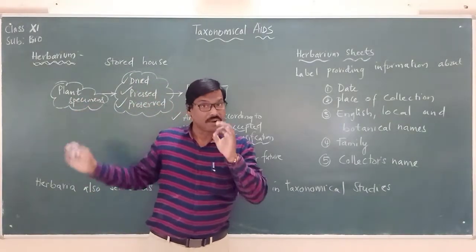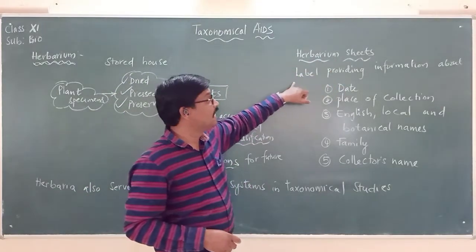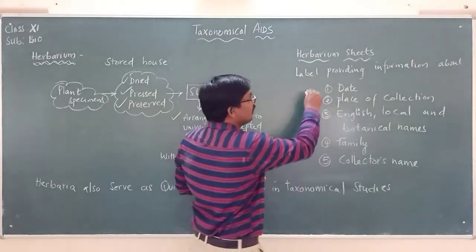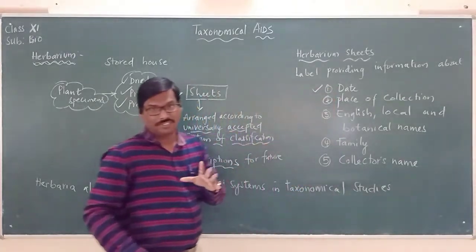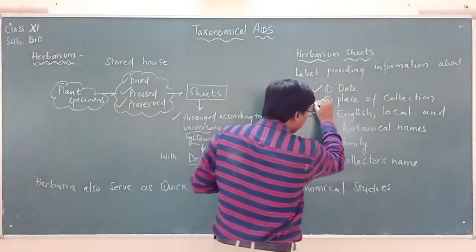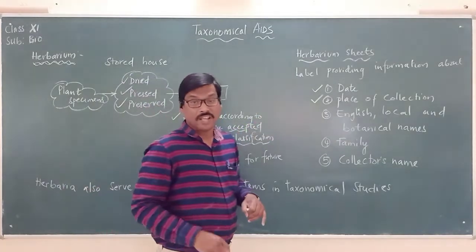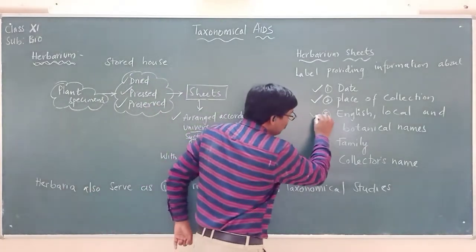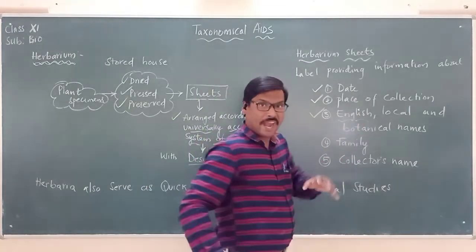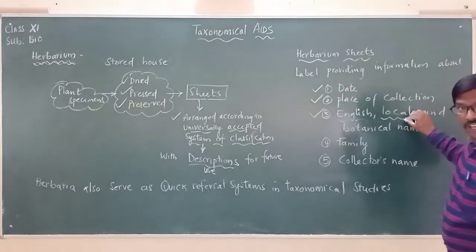Every herbarium sheet will have a label providing the information about the date of its collection, the place of collection, and the name of that particular plant specimen in English, and also in the local language.